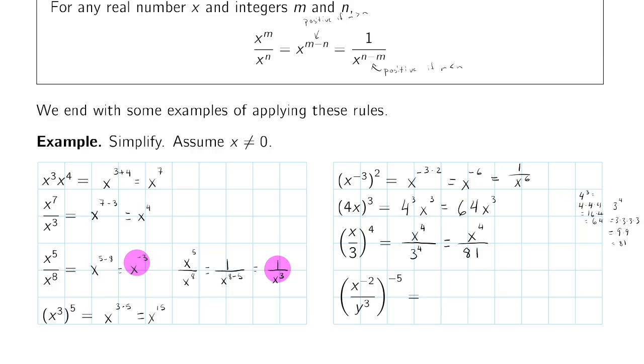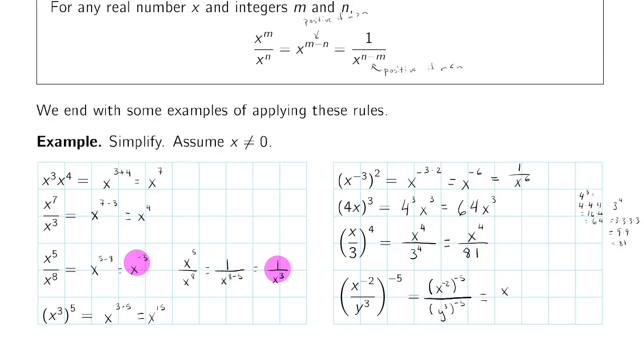One more. We have x to the negative 2 over y to the third, all to the power negative 5. Well, that'll be x to the negative 2 to the power negative 5 over y to the third to the power negative 5.